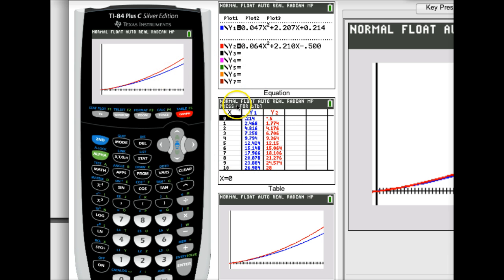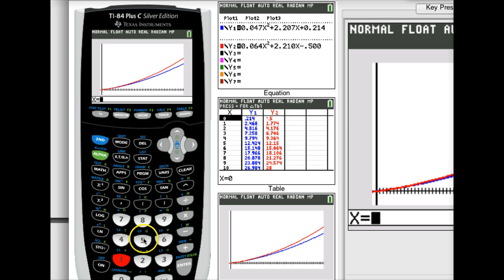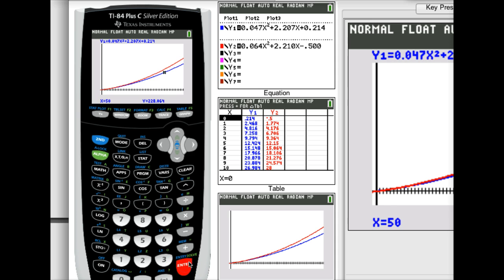But you could, of course, solve 24 by plugging it in by hand, plugging in 50 for x in both of those equations and then subtracting. In your calculator, remember we do second trace value, so choice 1, and we plug in 50 and we press enter.